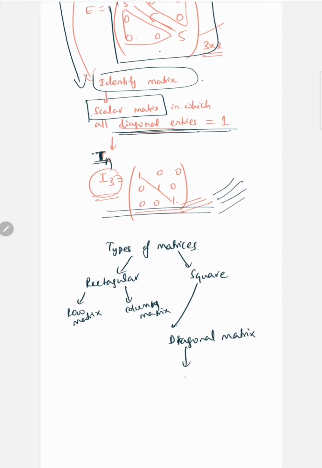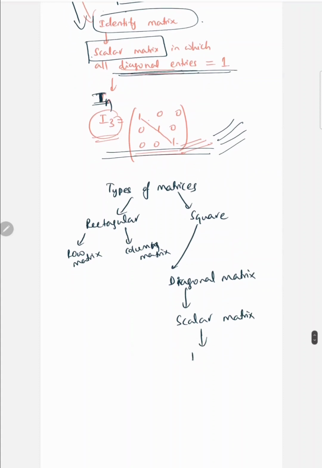In diagonal matrix, again we have scalar matrix as a particular case, and as a particular case of scalar matrix, we have identity matrix. The particular case of diagonal matrix is scalar matrix, and the particular case of that is identity matrix. This is how it is denoted by In.